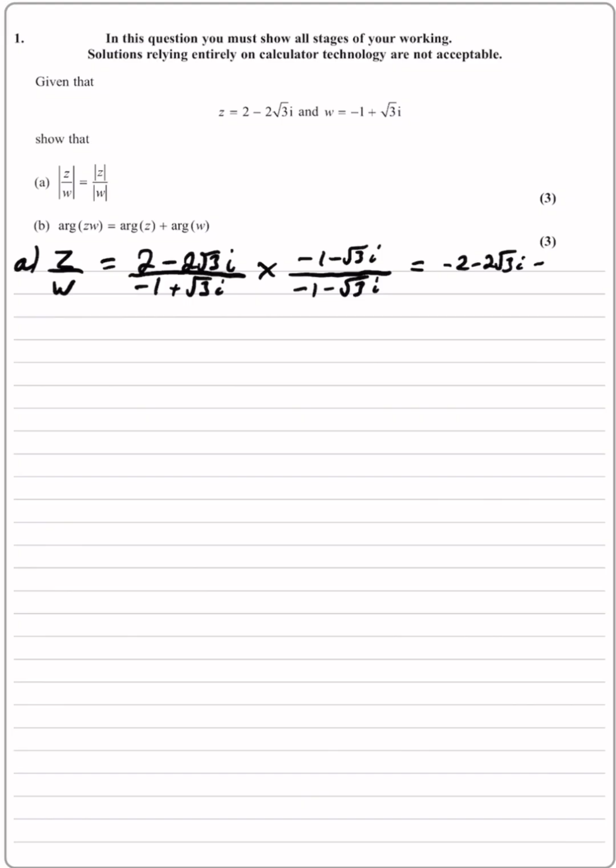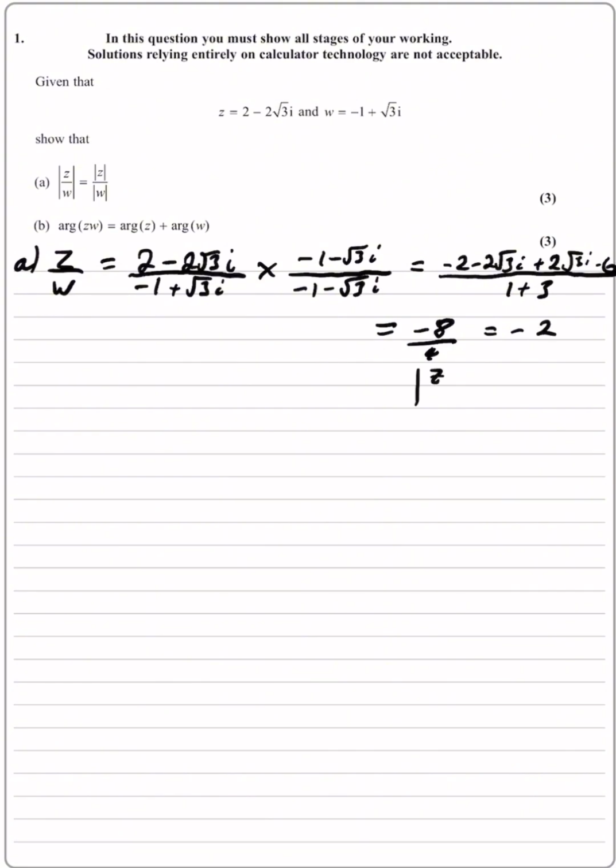Carry out your double bracket expansion, -2 minus 2 root 3i plus 2 root 3i, subtract 6. The complex parts will cancel, and we're left with -8 over 4, which is -2.